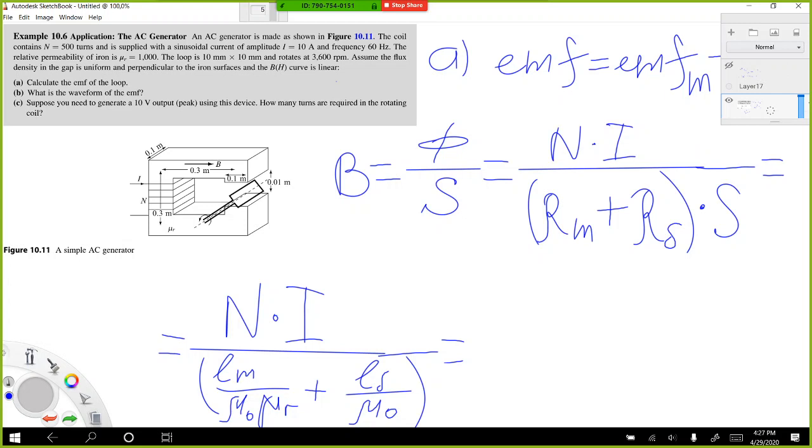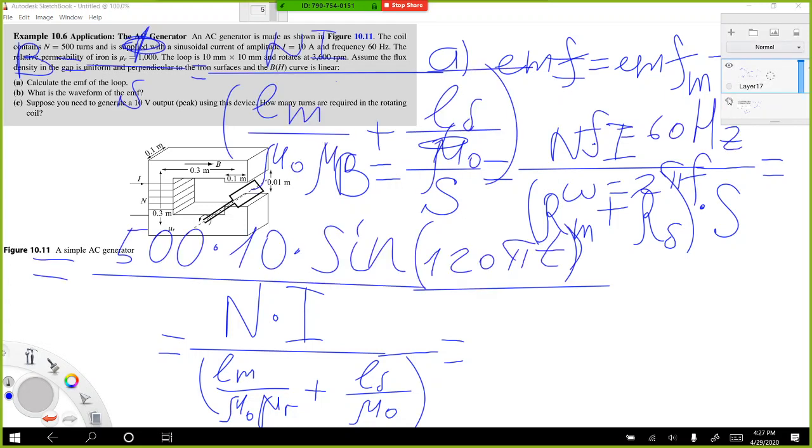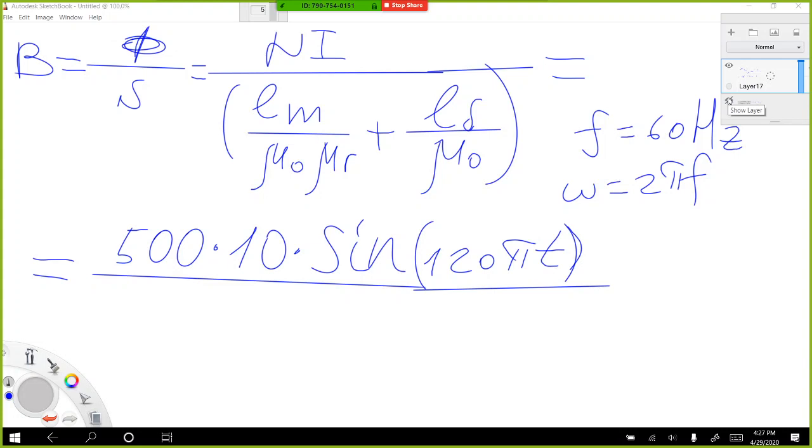Okay, it will be 0.333 plus 0.29, and it will be 1.19 for the iron part, and this will be 0.01 for the air gap.